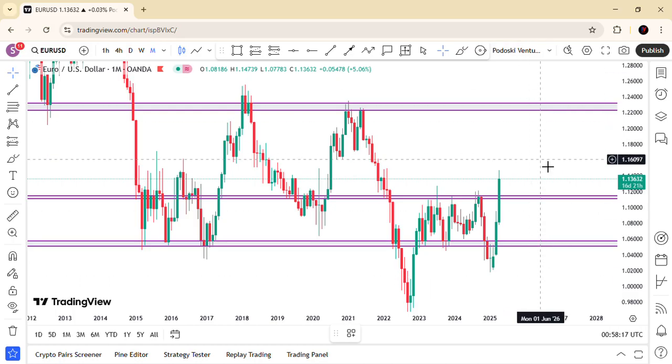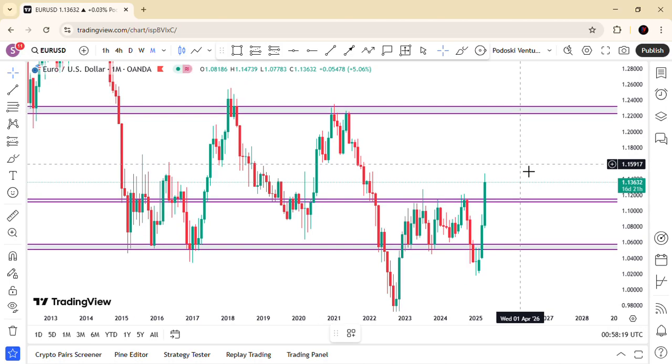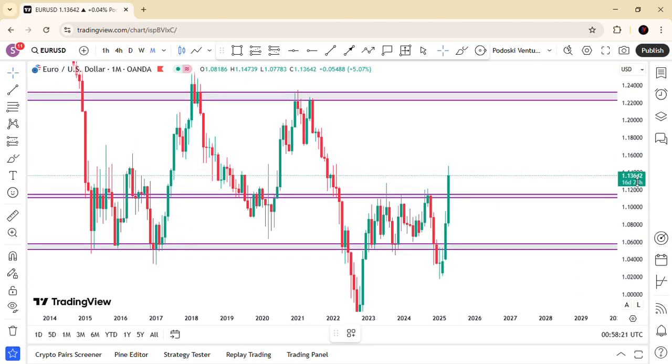On Euro USD on the monthly time frame, we are looking at an uptrend. Very strong buying market on Euro USD, just like we saw on GBP USD. Same thing we are seeing on Euro USD. So we are seeing a very strong buying market.